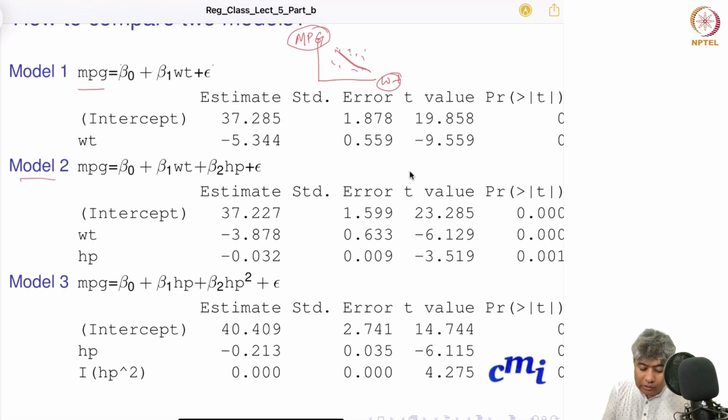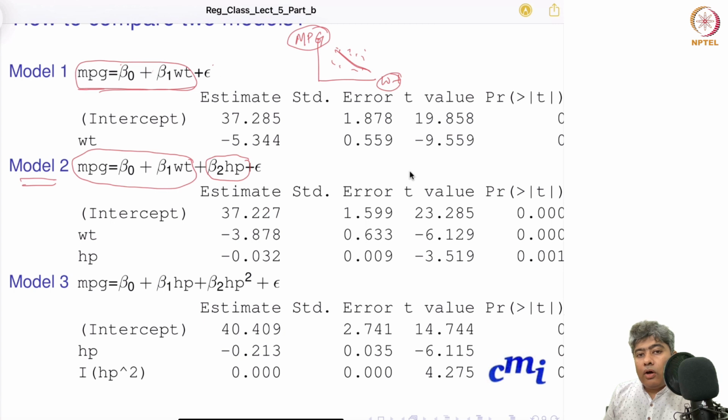The next model is a function of weight. This part is the same as model 1. In addition, now you are adding horsepower, a second independent variable or second feature, in the model, and this is your second model.